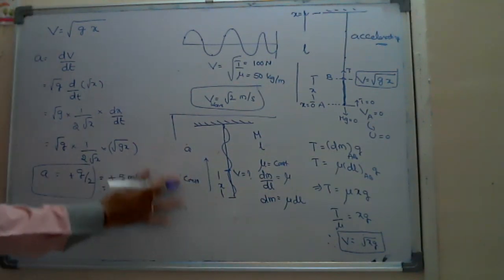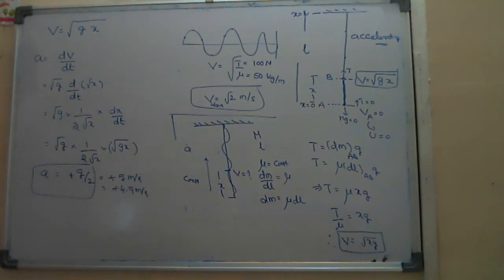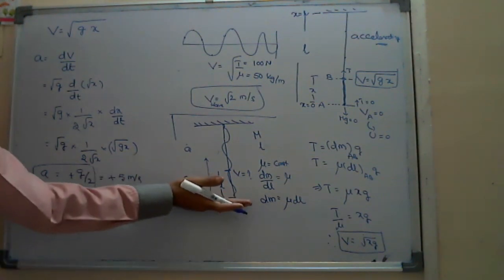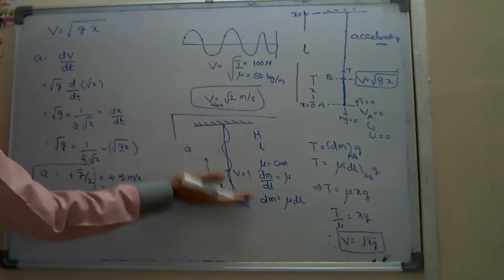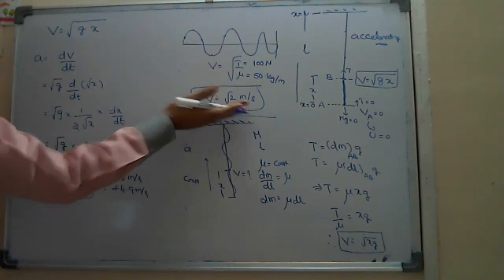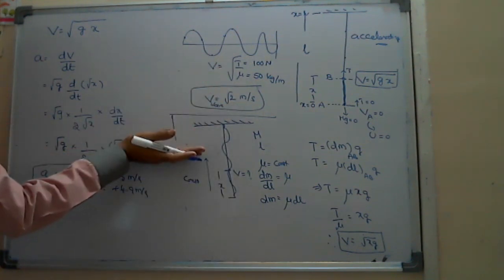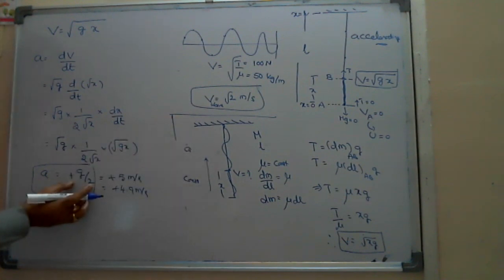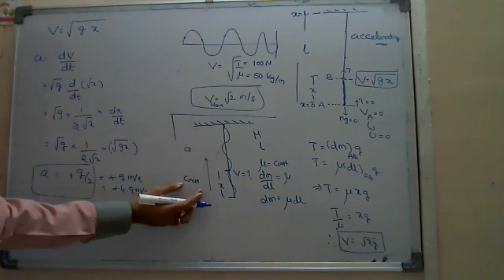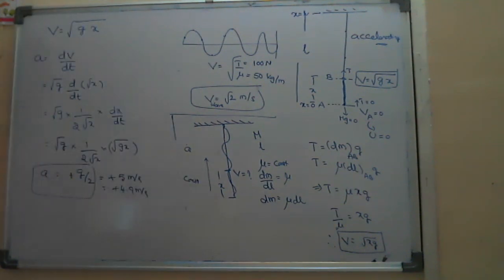So all questions are completed. In final form, it is moving with non-uniform velocity. Velocity changes: it increases. While increasing, it is accelerated, not decelerated. How much is the acceleration? g by 2. Is it constant or variable? It is constant. So we completed all these points today.